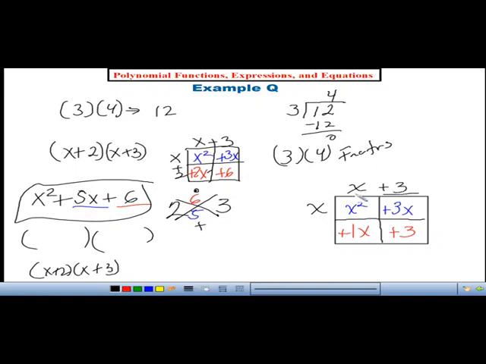Positive 3. x times what gives me 1x? Positive 1. So my factors are x plus 1, x plus 3. Does that make sense? Yeah? Okay. All right. So since you were paying attention, copy that area model and find me the factors, please.